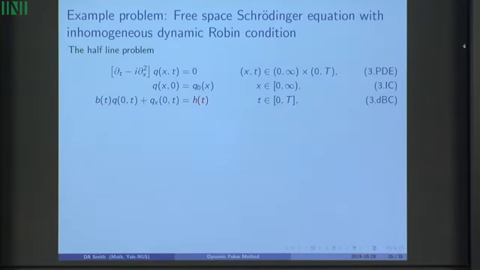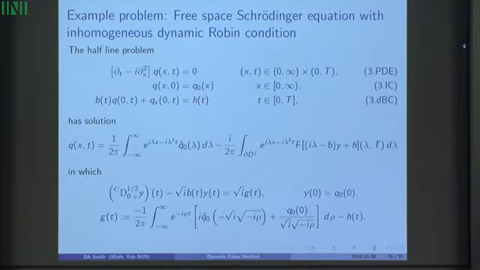Okay, well, I've been talking about the heat equation. I advertised linear evolution equations. You can do this with the Schrodinger equation as well. This is the free space Schrodinger equation, constant coefficient. So you can have an inhomogeneity in your boundary condition. That's fine.